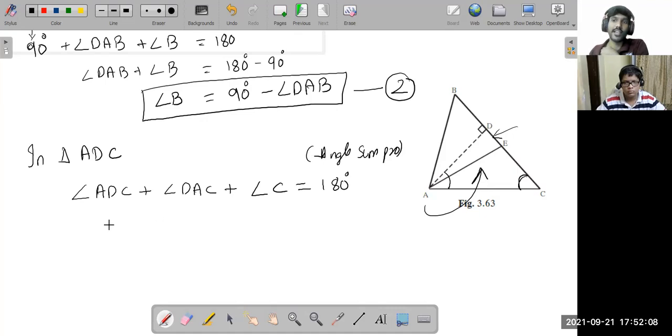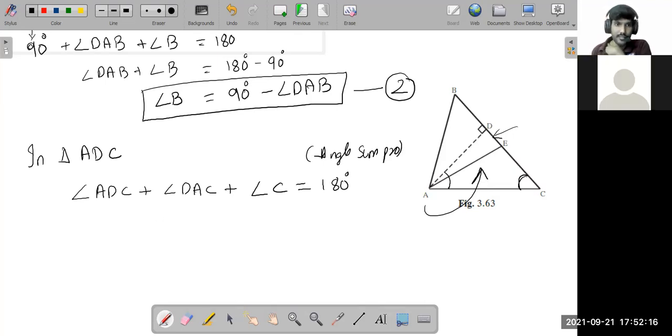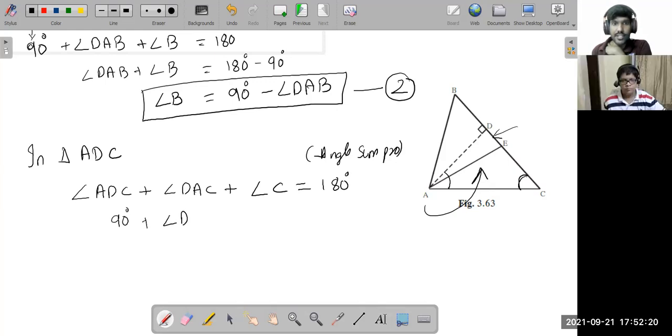Now, from the diagram, can you tell me how much will be angle ADC? 90 degrees. So 90, DAC keep it as it is, plus angle C equal to 180. Again, you take 90 on the other side.